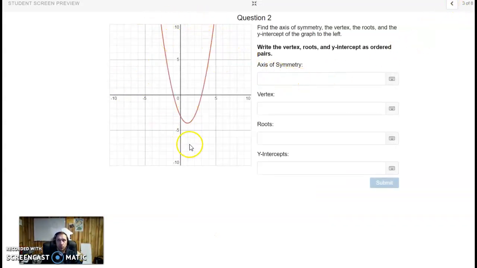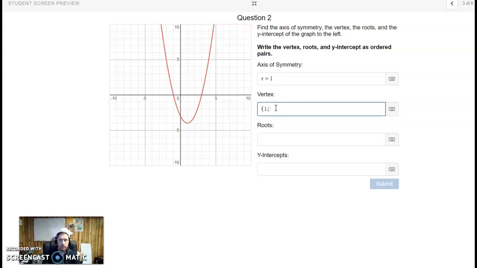All right. Here we go. So now we're going to use this graph to identify the key points. So the axis of symmetry, remember that's what divides this in half. So that's always an x equals line, right? The x equals line that's going to divide this in half goes through this point right here at x equals 1. The vertex then is that minimum in this case, so that's the point (1, -4).